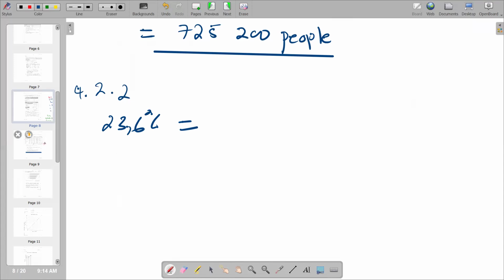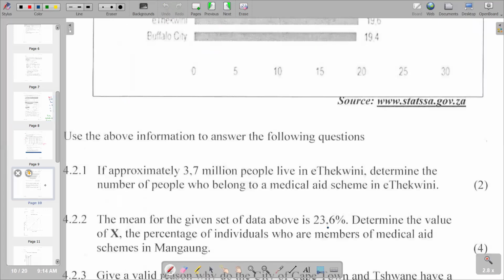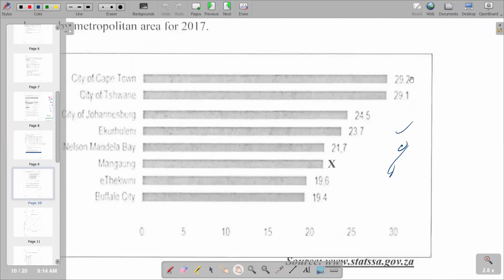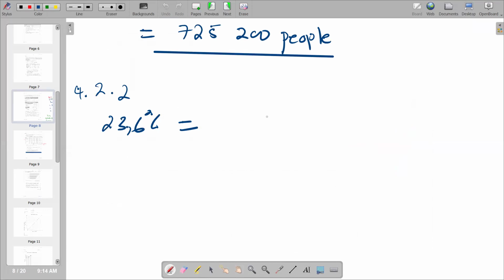So we're going to say, according to information given, 29.2 plus 29.1 plus 24.5 plus 23.7 plus 21.7 plus X plus 19.6 plus 19.4. And then we divide by 8. So basically, that's how we are going to present it.